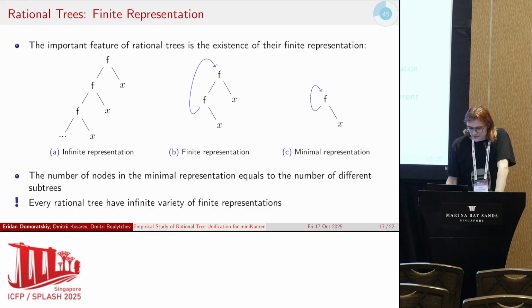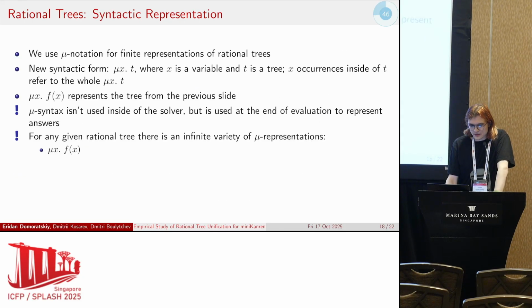The number of nodes in the minimal representation always equals the number of different subtrees. And every rational tree has an infinite variety of finite representations, obviously. We use mu notation for finite representation of rational trees.